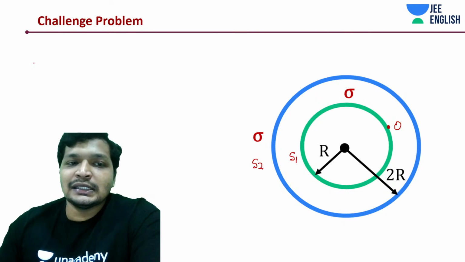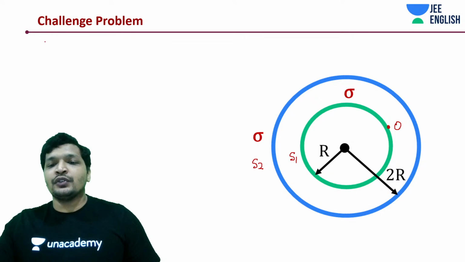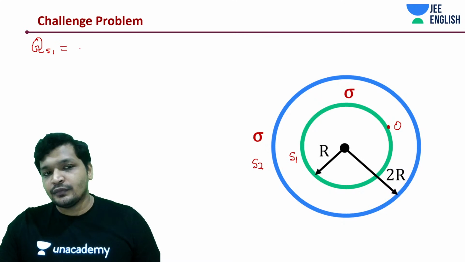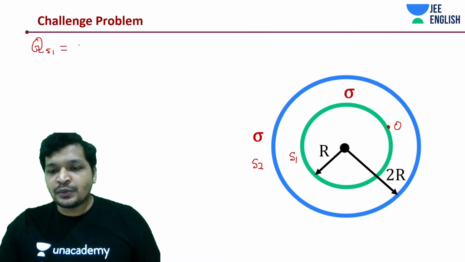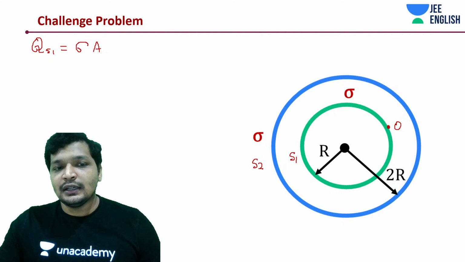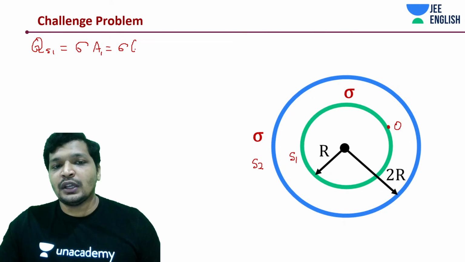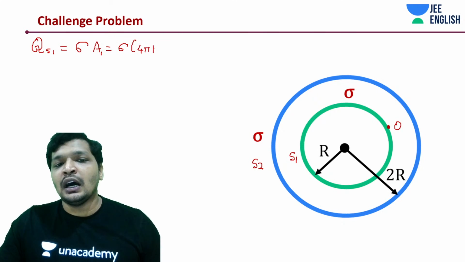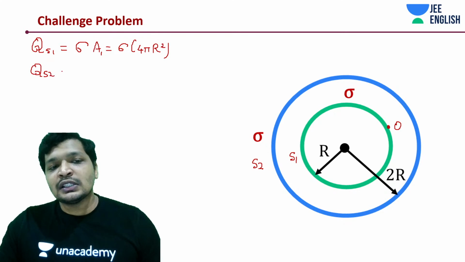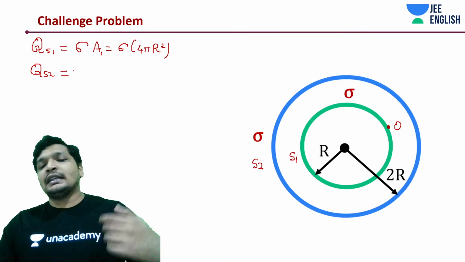But before this, let me quickly intimate you a few things. Charge on sphere S1 is how much? Sigma into area. This is going to be sigma into A1, which is 4 pi r square. What about charge on sphere S2?